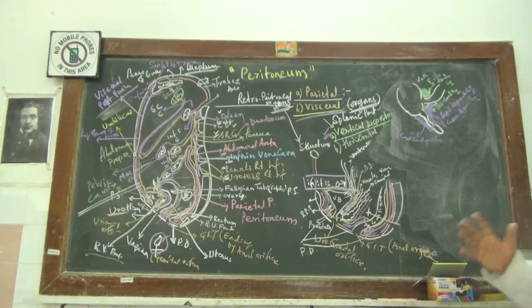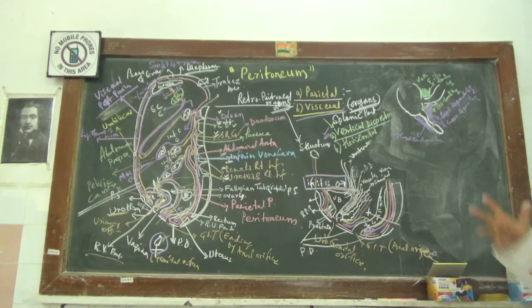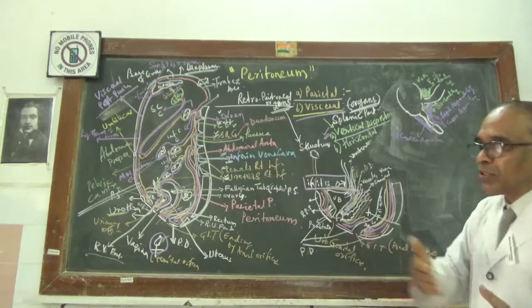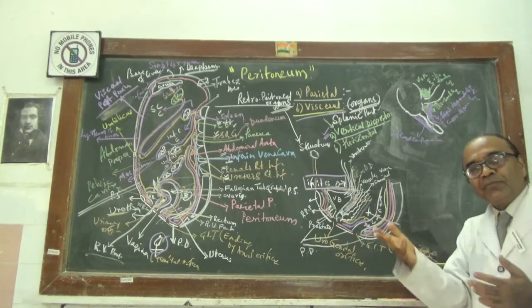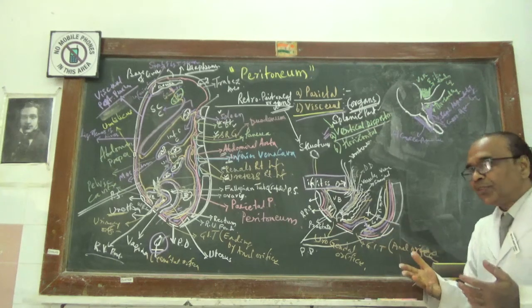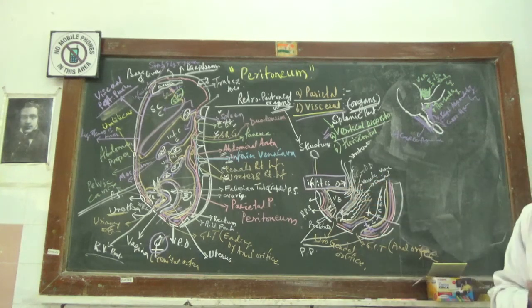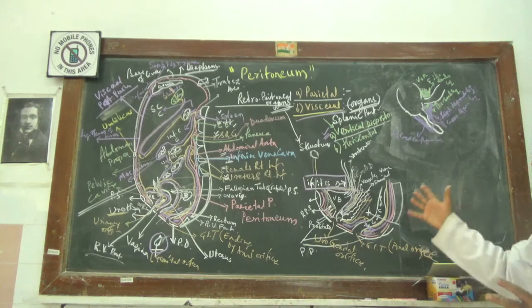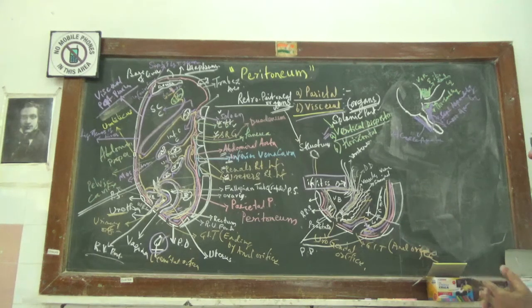The pattern of running is longitudinal vertical in the abdominal cavity in male and in female, giving rise to some folds or some ligaments. Then in the pelvic cavity, separately in the female and in the male, they will also have the vertical dispositions.